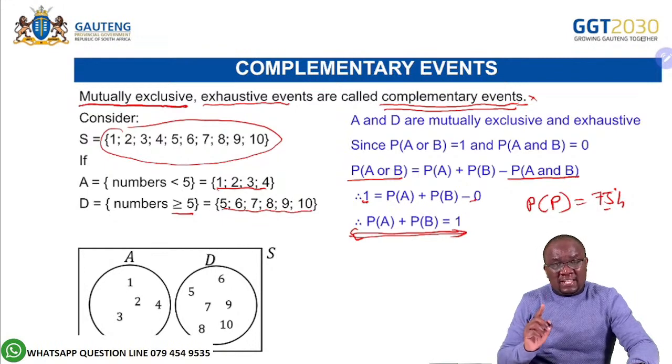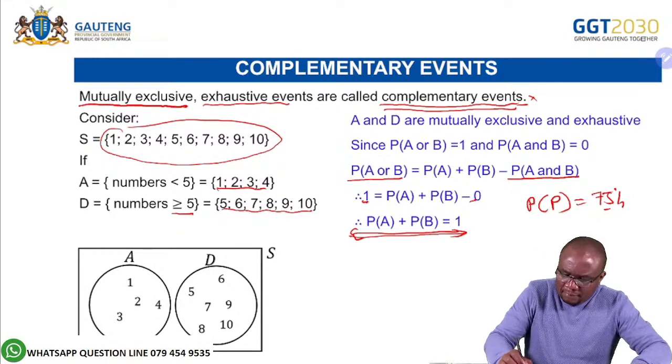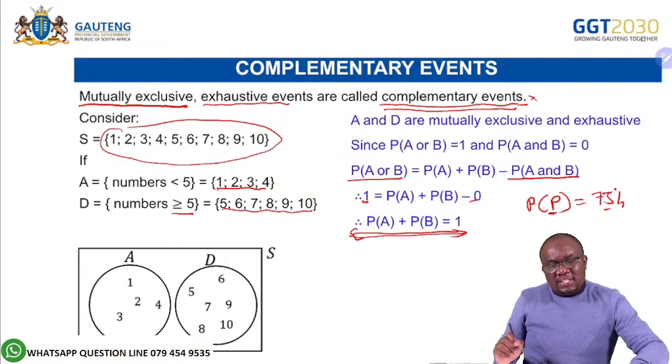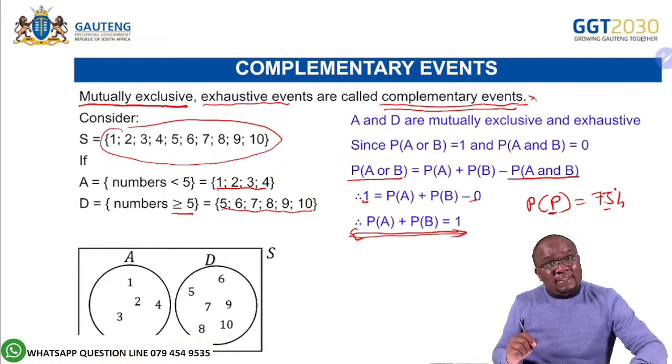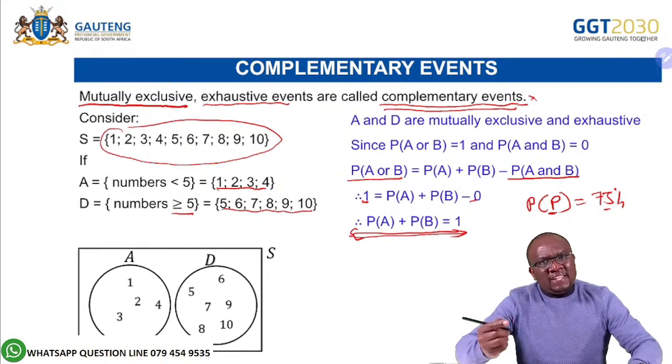Let me use pass and fail, that one will be easier. The probability of passing is 75%.